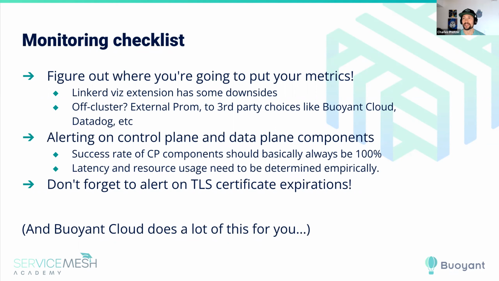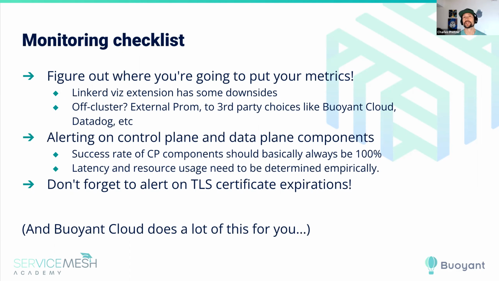One of the other things we want to make sure that you understand, and that I touched on just a minute ago, is that the latency and resource usage need to be determined empirically. And that goes back to setting those resource limits in the values-ha file. So I'll show you an example in just a second of what one of the Linkerd control plane components looks like with a well-known number of workloads and requests per second.